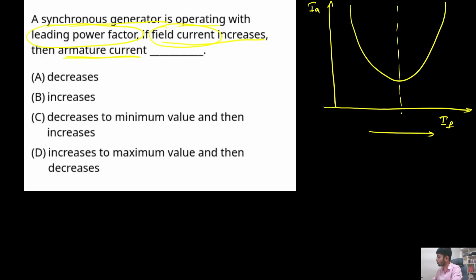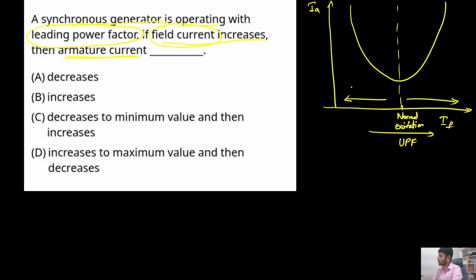Okay, so this is normal excitation at this point. So at this point the excitation is normal, so power factor is unity. So under excitation it draws more current, or over excitation it draws more current.